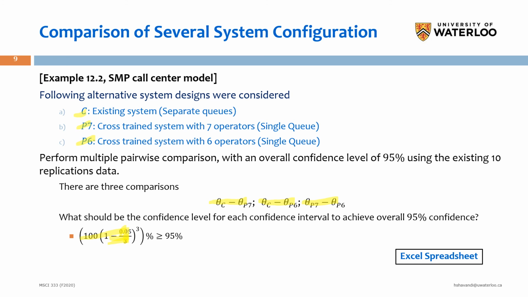So that is the reason why we have the power of 3 here, and that will be the confidence level at the end by having 3 comparisons, and it should be greater than or equal to 95%. Okay.